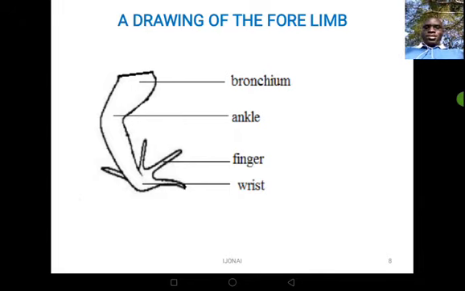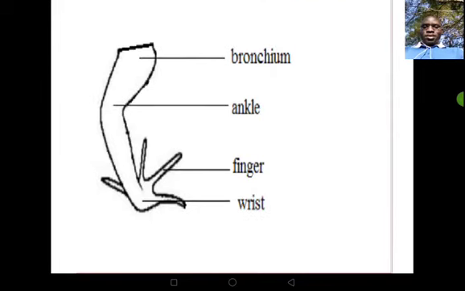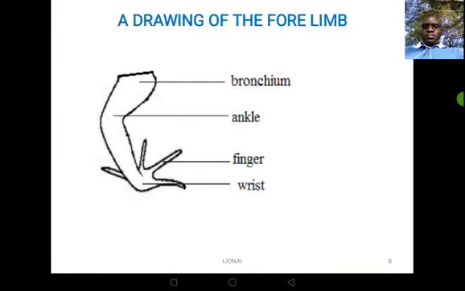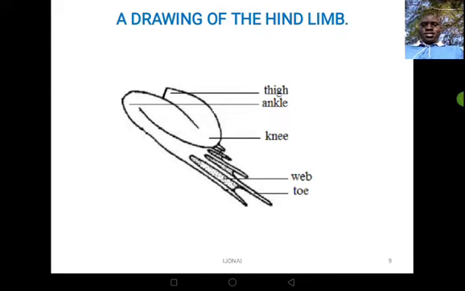So looking at the generalized drawing of the forelimb, you can see the structures there. You will see the parts there. You can appreciate them, look through them, and look at the parts. And then I would want you to differentiate them from the hind limbs.